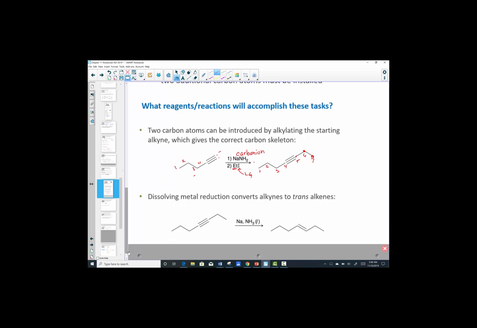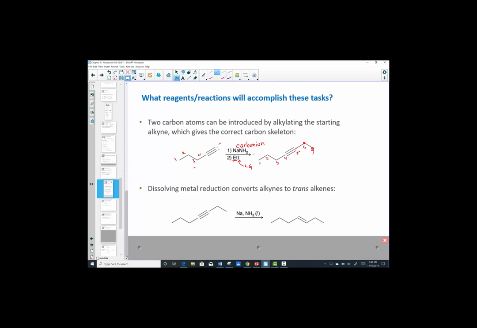Really the only way we know so far to add carbon to a chain is by using a terminal alkyne. The dissolving metal reduction that converts an alkyne to a trans alkene would be the next step. So we know reduction means you're increasing the number of CH bonds. And that's exactly what we've done.